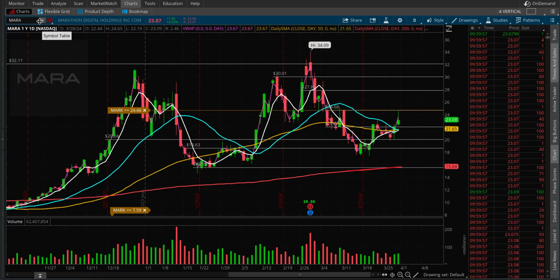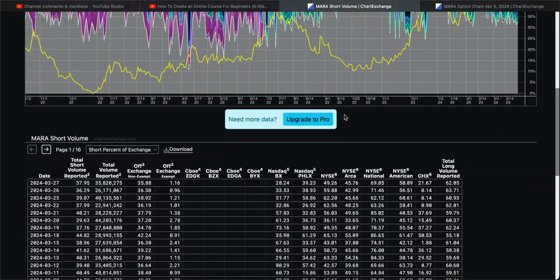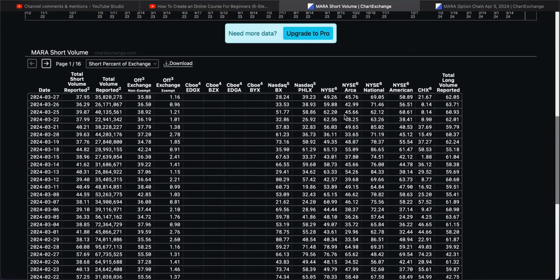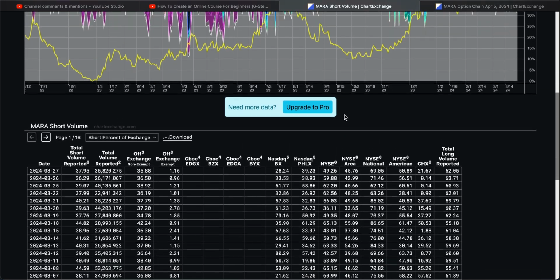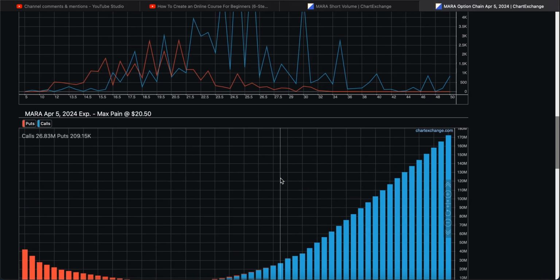Also, option activity. Yes, there are a lot of flows coming in, but one thing I want to show you guys, and I'm not going to dive too much because we still have 3-4 more hours until market close, is the maximum pain for Marathon. Maximum pain just for next week is $20.50.